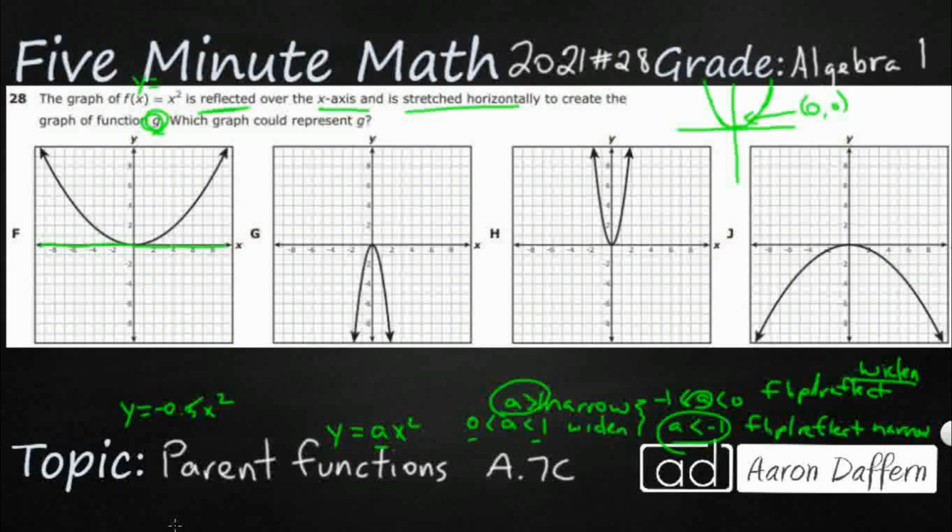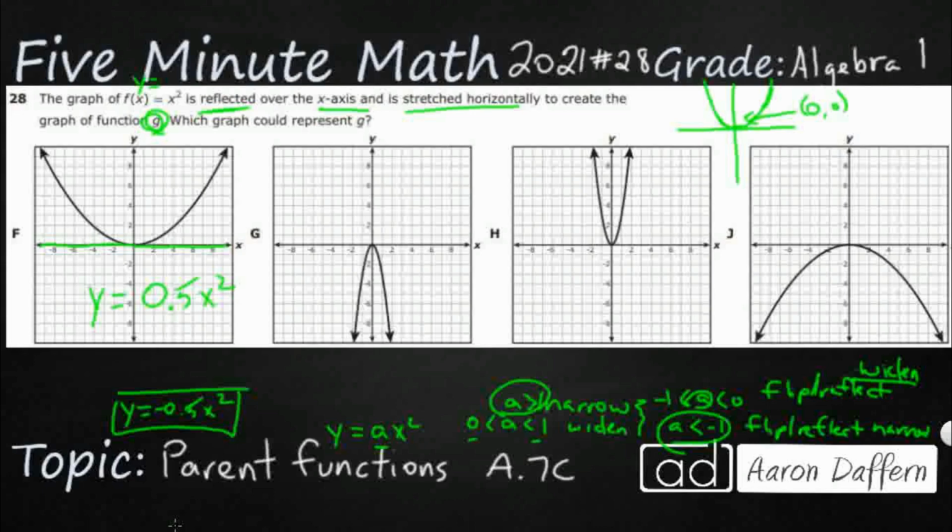That would get us a flip and a widen. And as we see here, this f right here looks like it just widens. So this is going to stretch, so maybe 0.5 x squared. So the a is just 0.5.